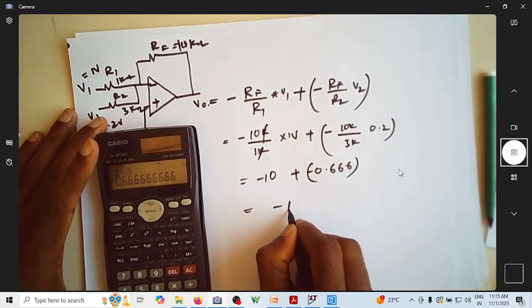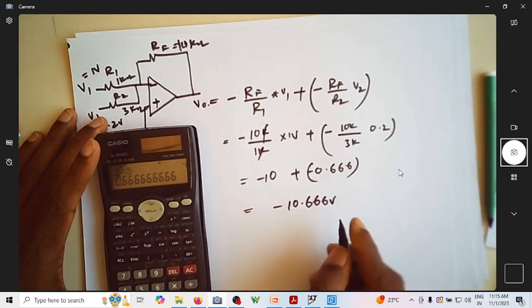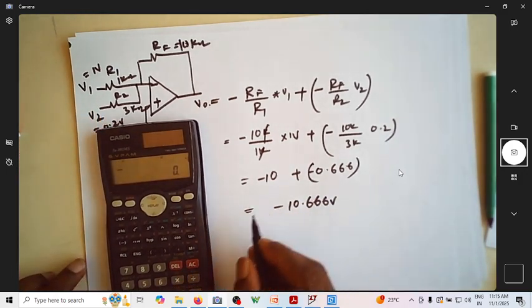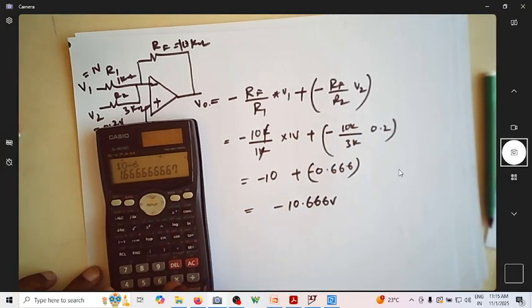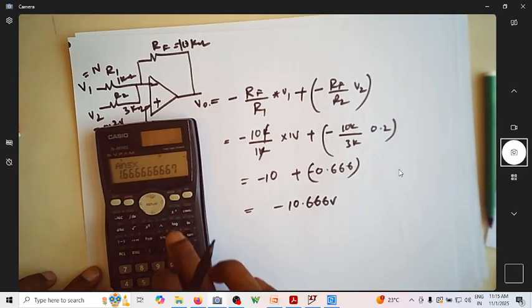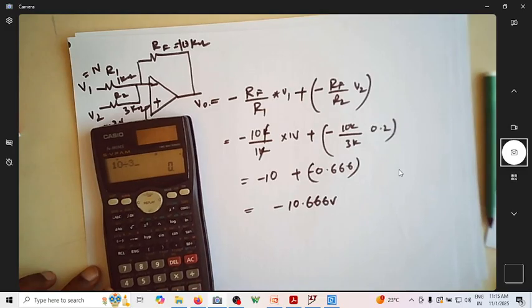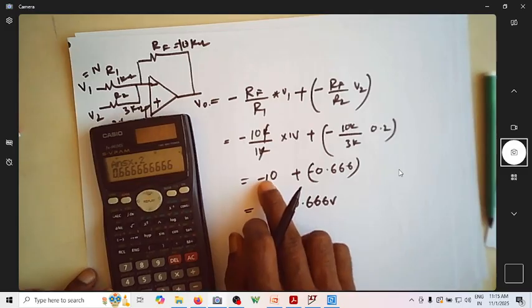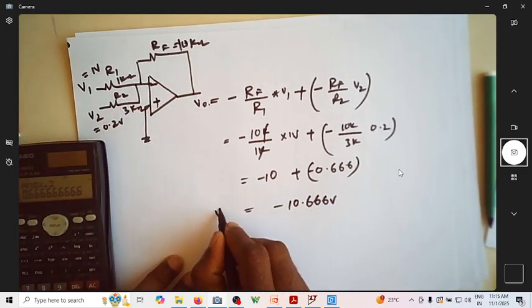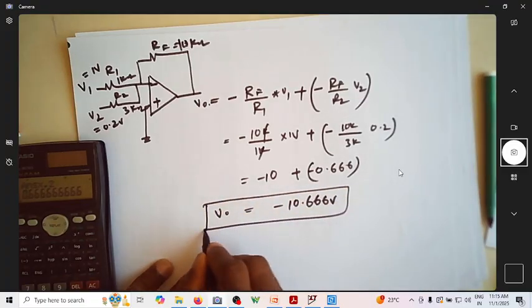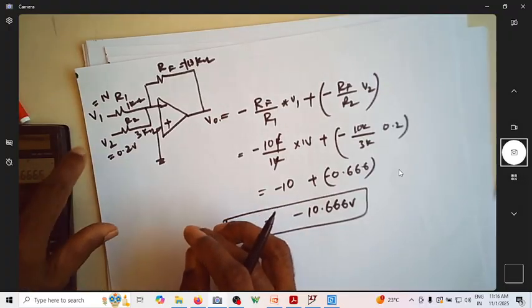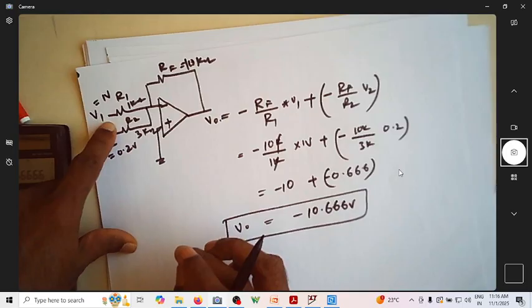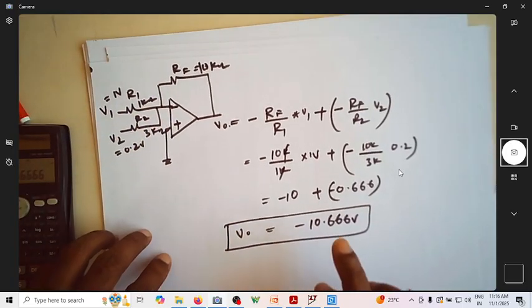So is it not minus 10.666 volts? Because 10 by 3 into 0.2 is 0.666. So that is another 10. So what you have, V naught is equal to now minus 10.666 volts. So this is like considering both inputs which are connected to the inverting terminal, and what is the final voltage.